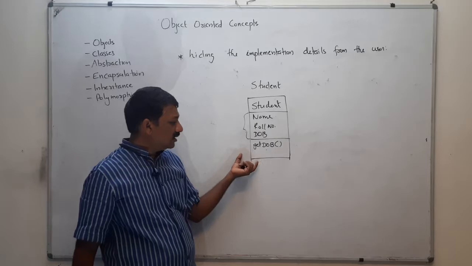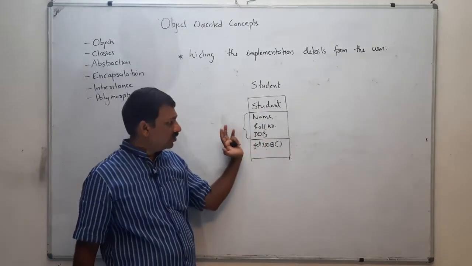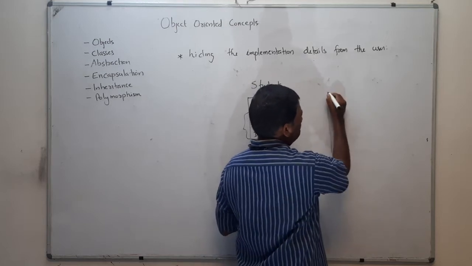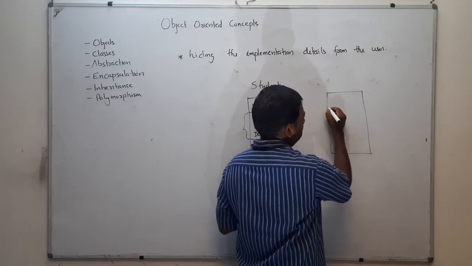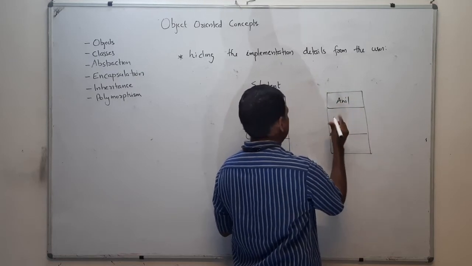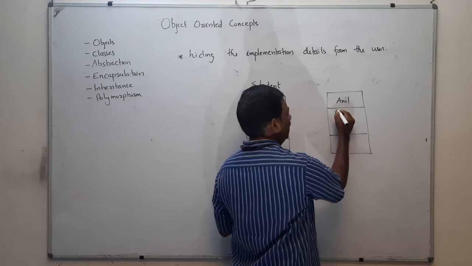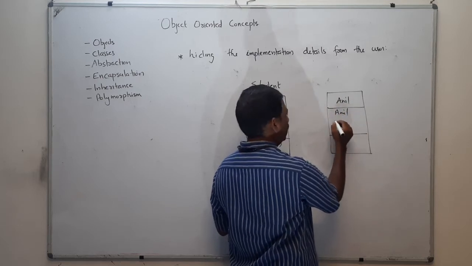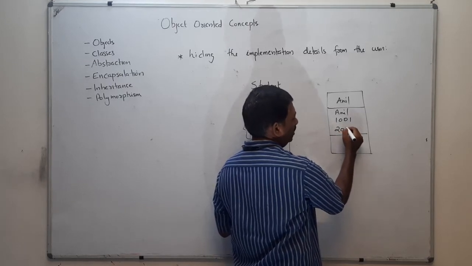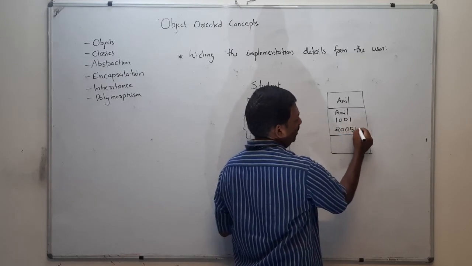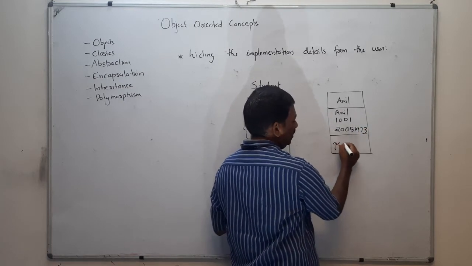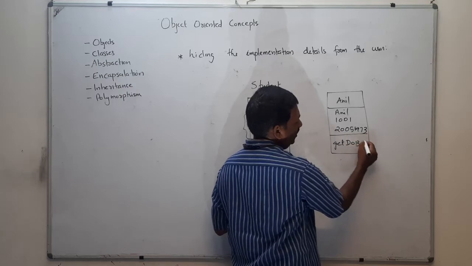Okay, suppose that somebody is using this object, or you are creating an object. Say, I am going to have an instance of this. Say, this is an instance, and this is an object ANIL, and the name is Anil, then roll number is 1001 and date of birth is 20/5/1973, and suppose that you have a getDOB function here.